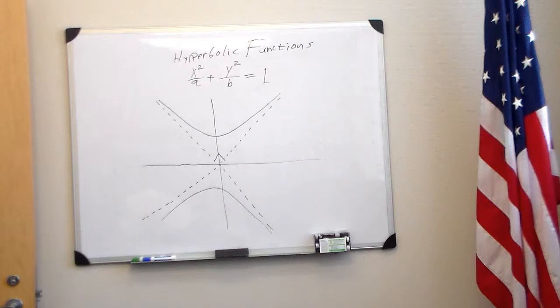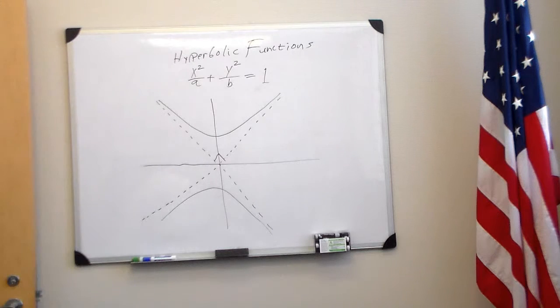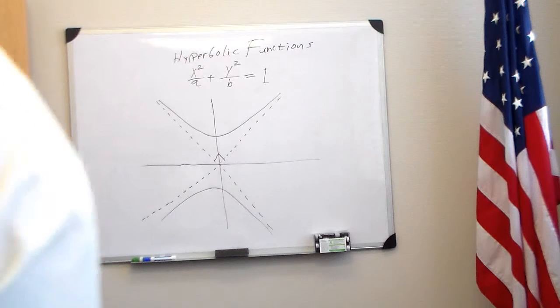So what are hyperbolic sine and hyperbolic cosine functions? The book makes a couple of statements that to me make absolutely no sense whatsoever. I think that the author may have been drunk while writing this part.